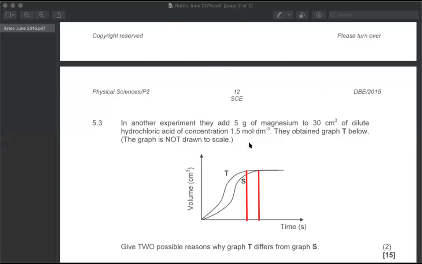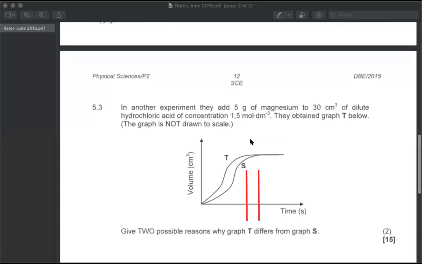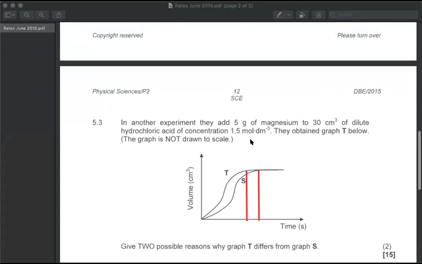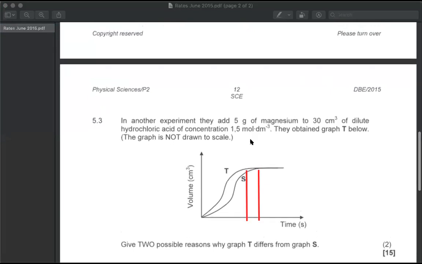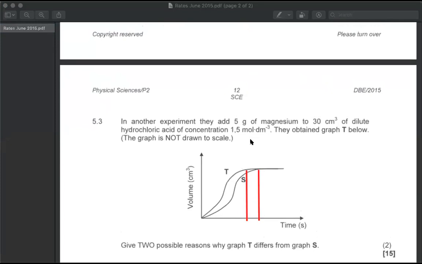It takes place faster. The reaction completes quicker, earlier, because give 2 reasons why graph T differs from graph S. Why will it complete earlier? It will complete earlier possibly because the temperature is higher, the concentration of the acid is higher. Well, let's see our results.